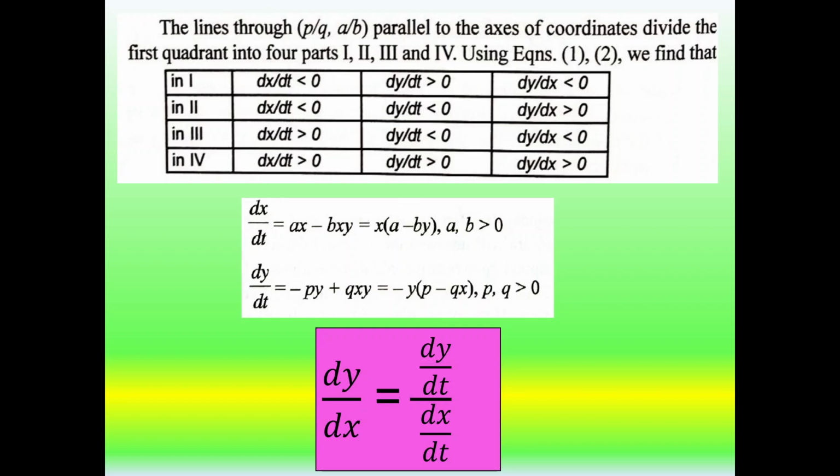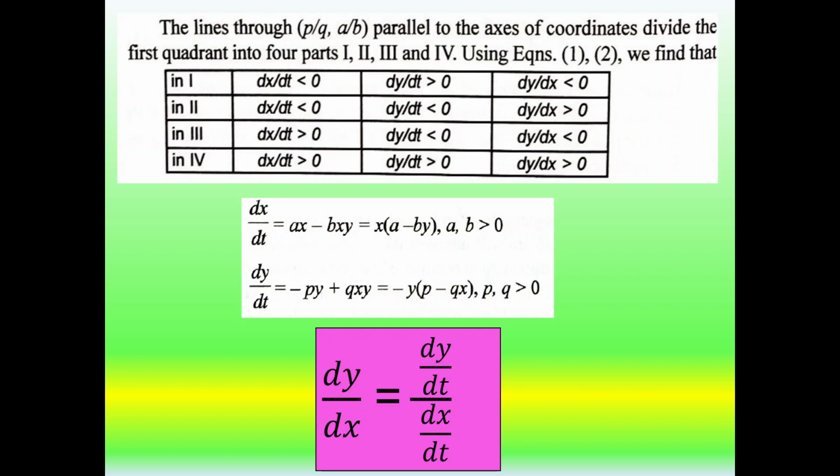That means in result number 1, if dx by dt is less than 0 and dy by dt is greater than 0, definitely dy by dx will be less than 0 because we get dy by dx on dividing dy by dt by dx by dt. So if any one of them is a negative quantity, definitely dy by dx will be a negative quantity.